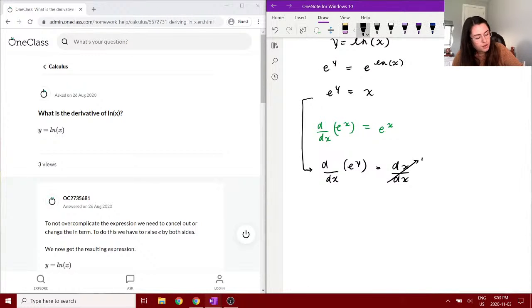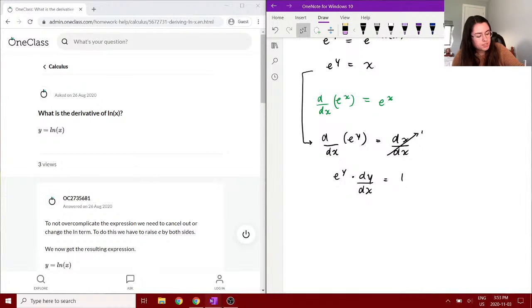And this side, we get whatever the derivative of the exponential is, which we saw in green here from the rule, that it is just itself. But because we're taking the derivative of a function with y, we need to add in the second factor, that is the derivative of y, just acknowledging that we're taking the derivative with respect to x and not y, and that is equal to 1.